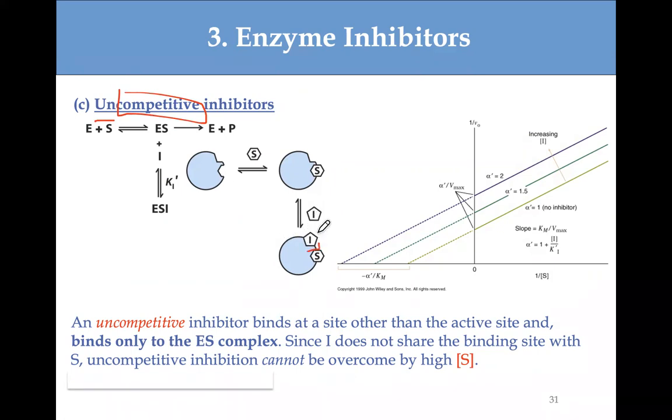When they bind, they make the binding of the substrate to the enzyme so tight that the substrate cannot go anywhere or be converted to a product. We can't have a conversion of substrate to product, and the enzyme cannot go and bind to another substrate. So they just stay in this state.